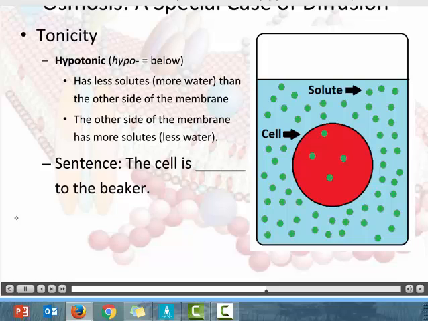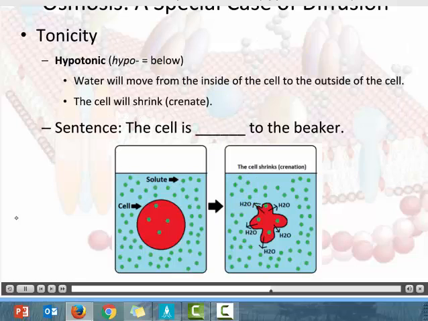If our cell has fewer solute molecules, then our cell is going to lose water, because the water is going to be in high concentration inside of the cell and low concentration outside of the cell.